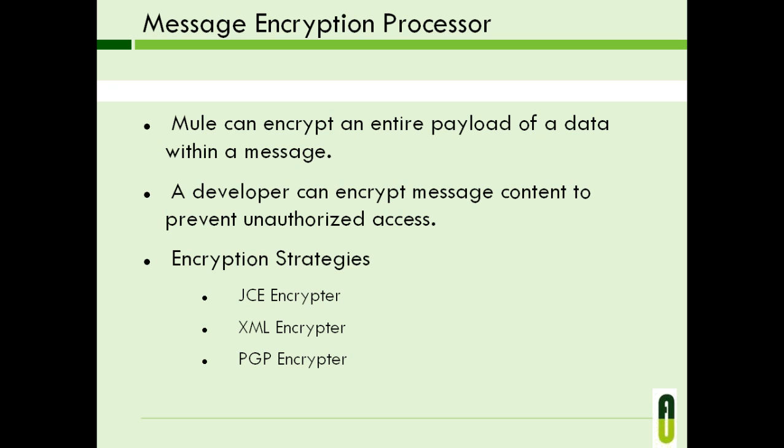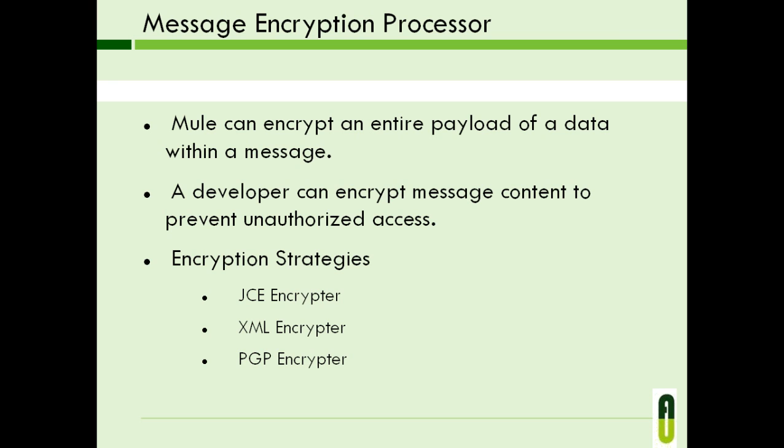Basically, when GCE encryptor is used, it encrypts stream or bytes. PGP encryptor is used for encrypting stream, byte, and string also. It applies tighter security relative to GCE and XML. It also increases processing load relative to GCE and XML.